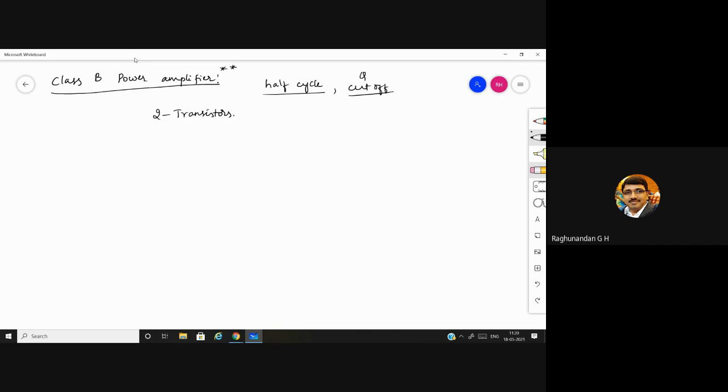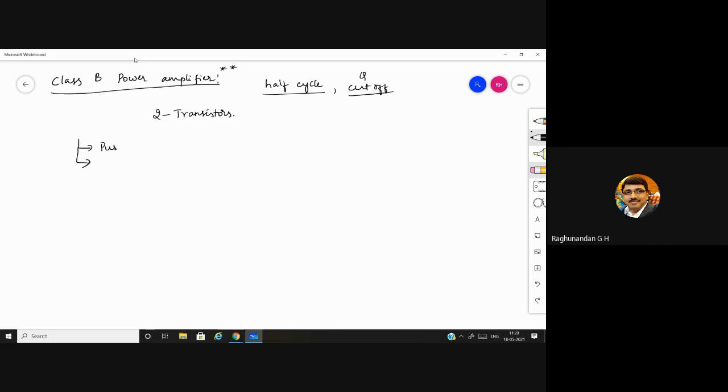Depending upon the type of transistor, in class B power amplifier we have two types. One is the push-pull class B amplifier, and the other one is the complementary symmetry power amplifier.